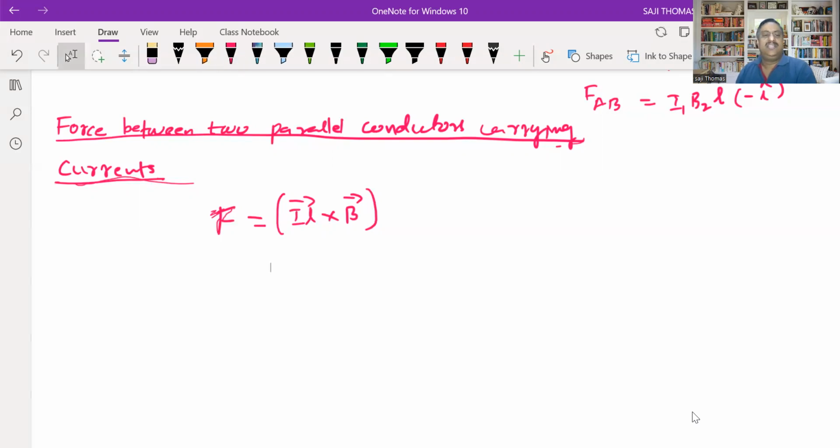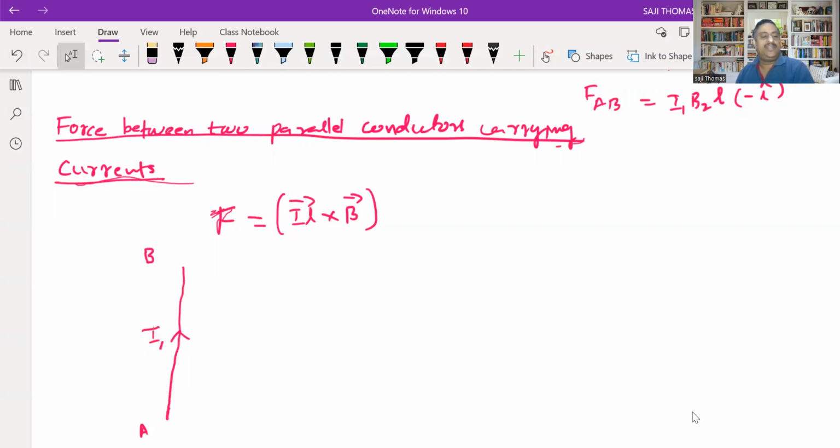Okay. Now I am drawing two conductors. See, this is a conductor AB. It carries a current I1 in the upward direction. So current is along positive Y direction.